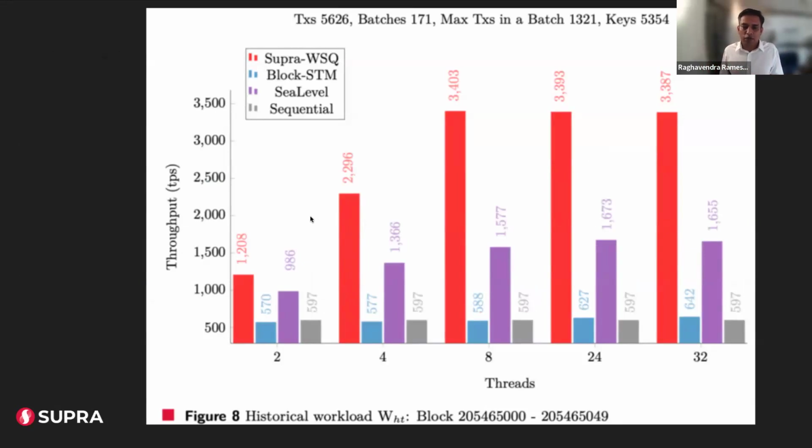If we leverage this containerized specification, then the red one, the work sharing queue, as I said, outperforms the sequential execution, which is expected. The right y-axis is the throughput, by the way, that means the number of transactions you can execute per second.